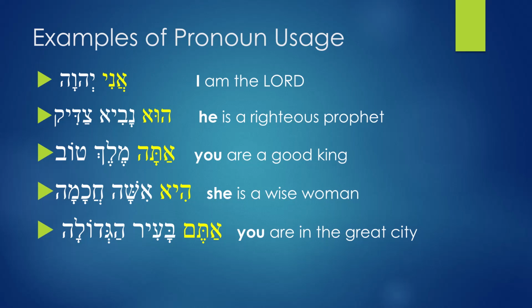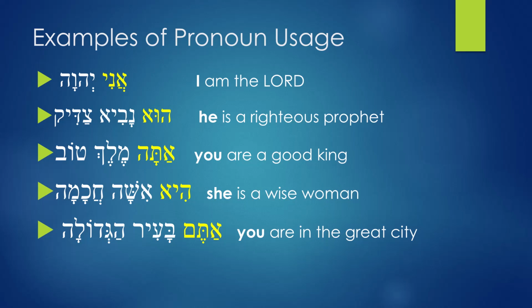When you're parsing a pronoun, you first tell the person, then the gender, and then the number. So ani means I. Yahweh means Lord, in capital. So ani Yahweh literally is I, Yahweh.